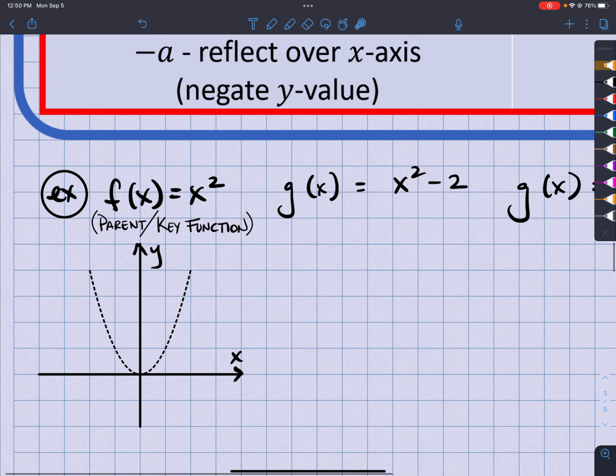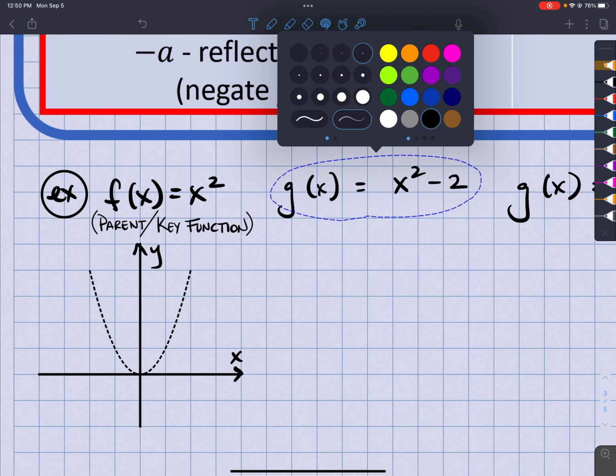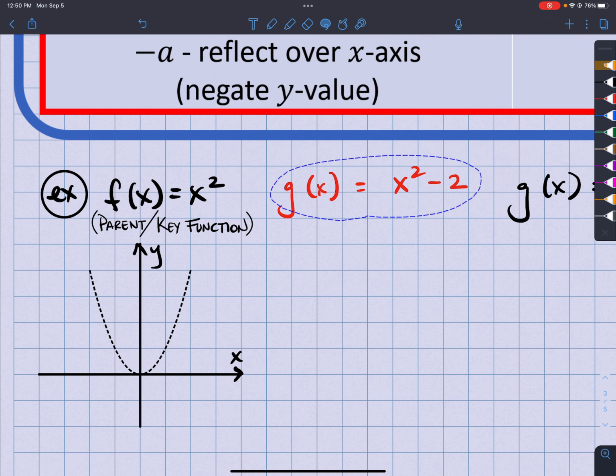All right, so let's do the same thing. So this is outside the parentheses. And this is telling me to take the y value, because notice that here are the parentheses, and this is outside of that x squared. Okay, so if that's the case, I still have my parent function here. This tells me to shift down 2.